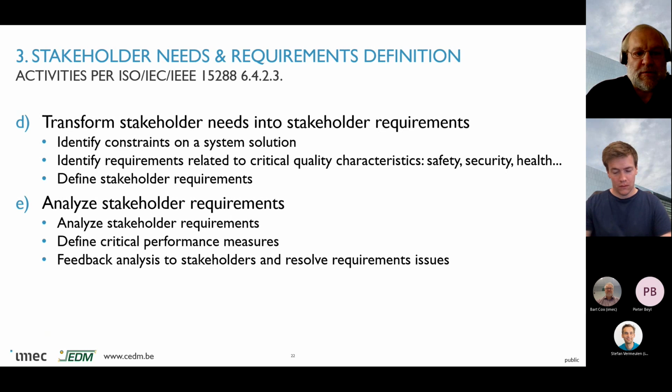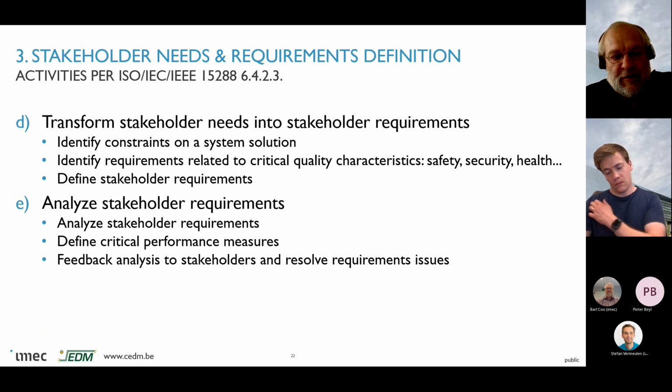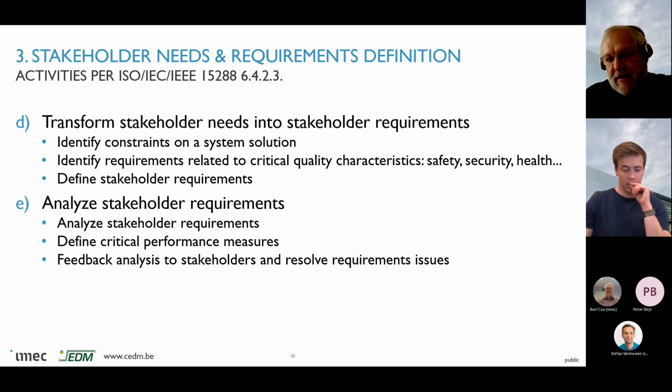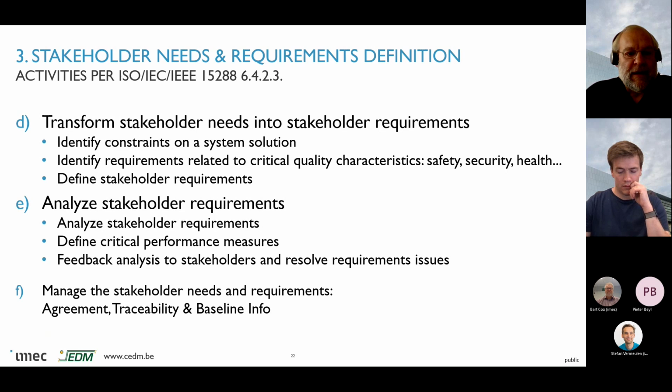We have to analyze those requirements, ask feedback from the stakeholders and resolve any requirement issues. For example, is it okay for the stakeholder that quality is translated into fair trade and premium brands? That is something on which you have to get agreement. And then you also have to manage traceability and baseline information.